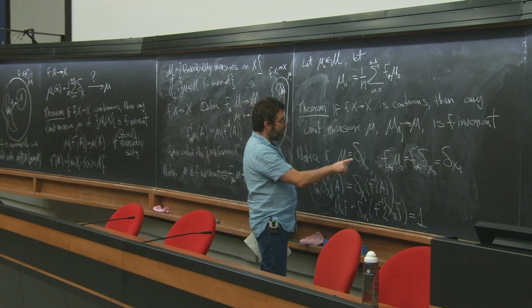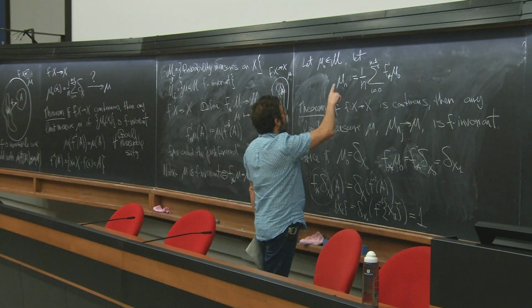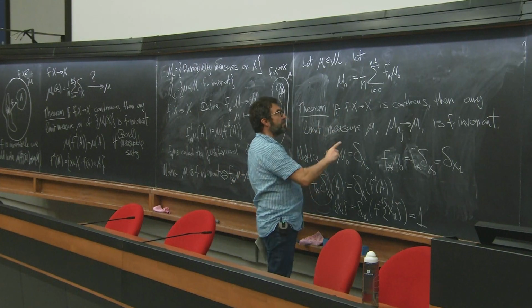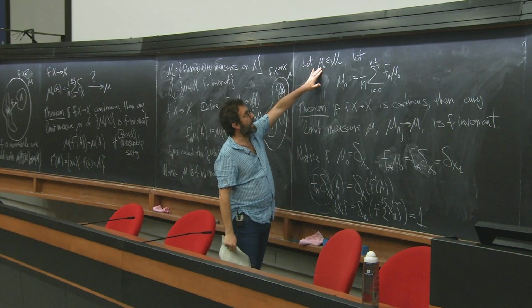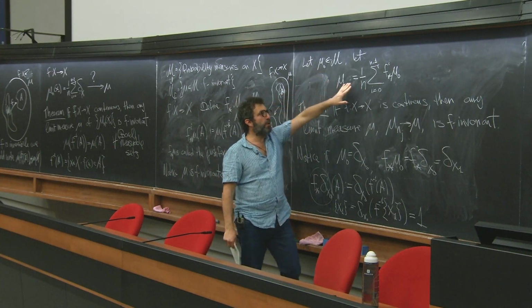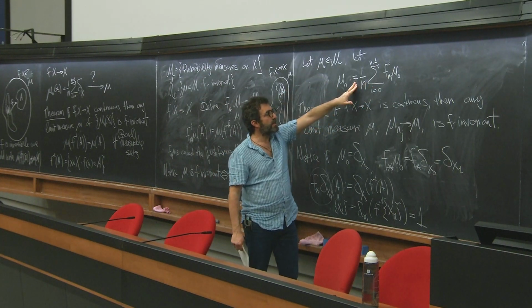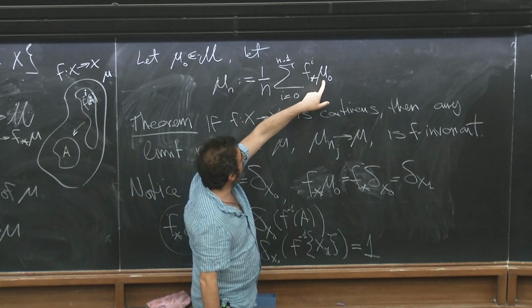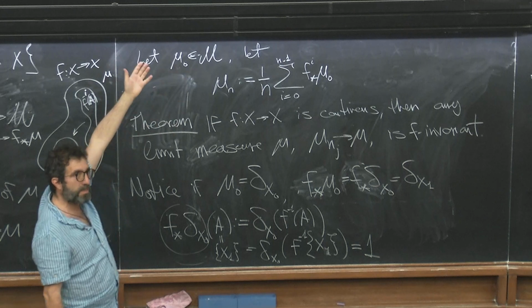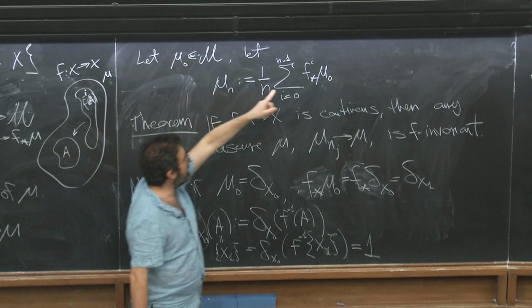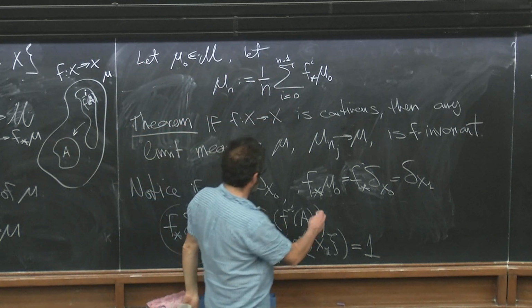So what this means is that this theorem that we wrote is just a special case. This is a generalization, right? Here we take any probability measure and we look at the sequence of averages. And if we take as our initial probability measure the Dirac delta in some initial condition x0, then this gives you exactly the sequence.